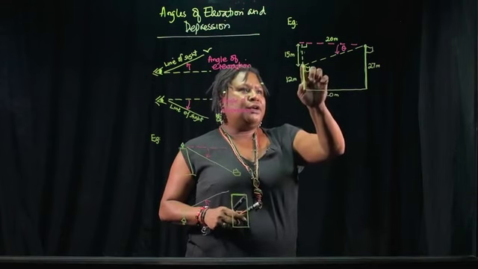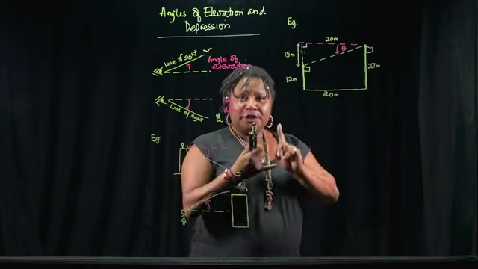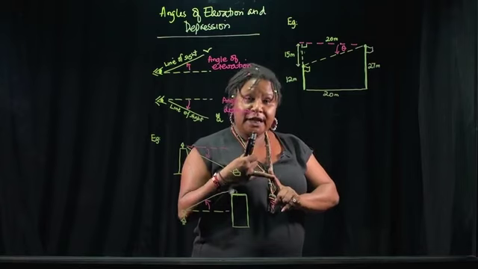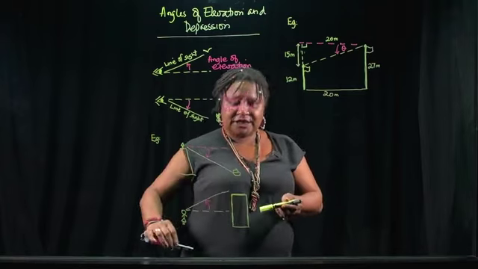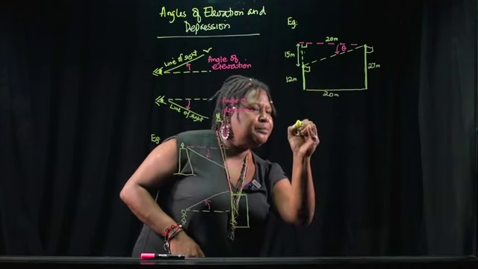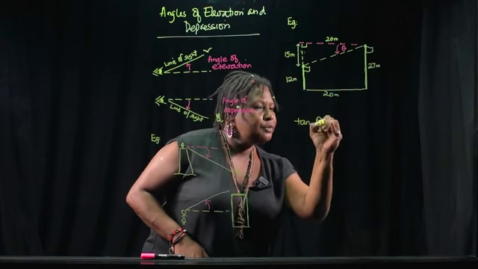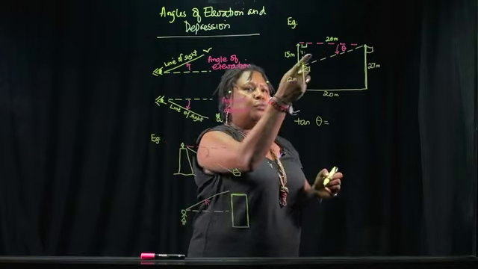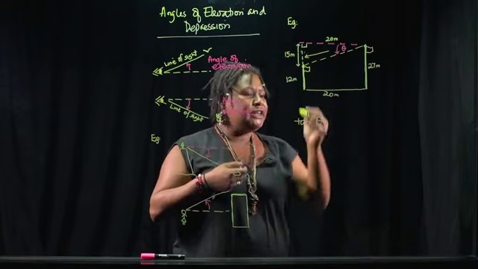The hypotenuse is unknown, which strikes out using the cosine ratio and the sine ratio. That leaves us with the tangent ratio, which is the ratio we are going to use. So tan of theta, which is the angle of depression, is equal to the opposite side over the adjacent side.